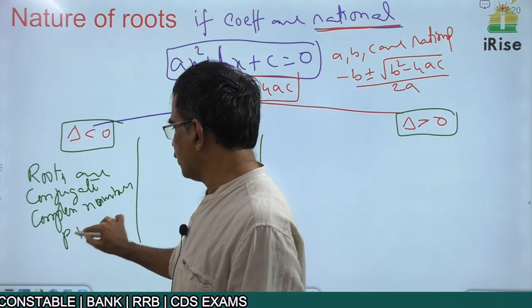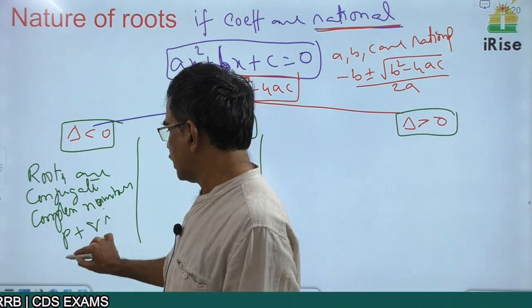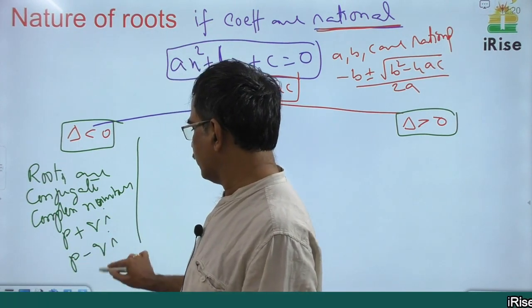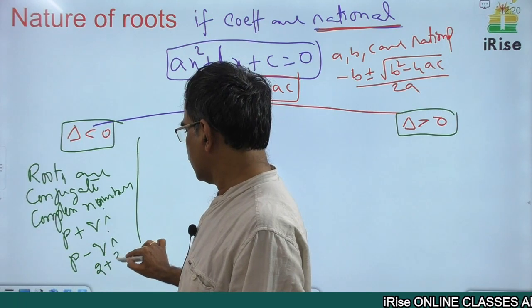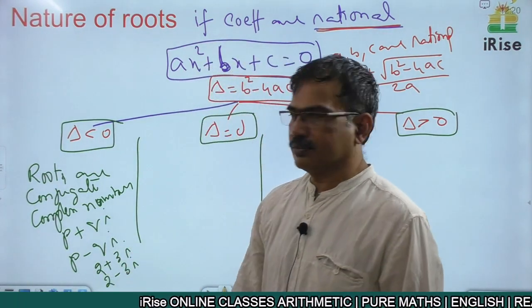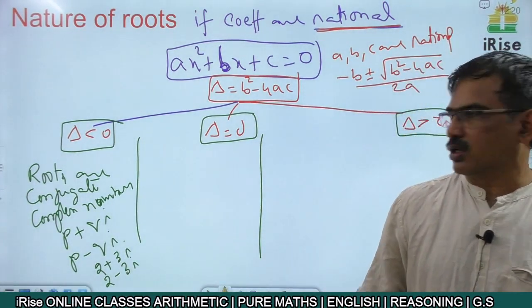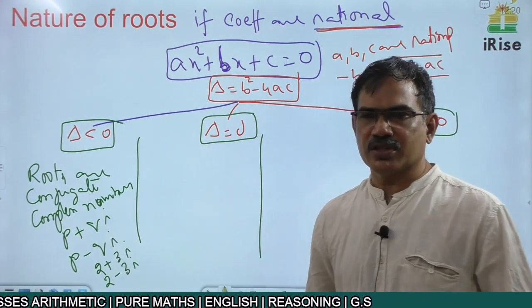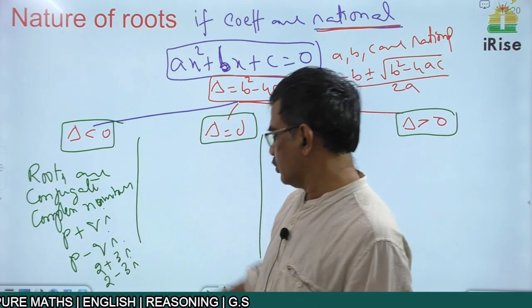If one root is p plus qi, second root is p minus qi. If one root is 2 plus 3i, second root is 2 minus 3i. The roots are conjugate complex numbers, same as the previous condition, if delta less than 0.